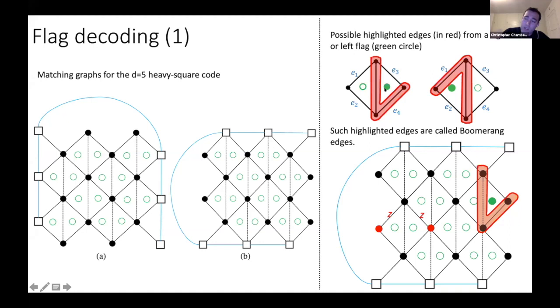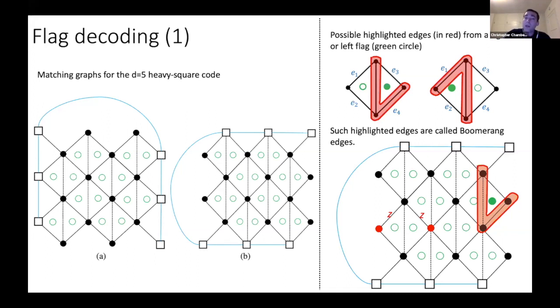So the idea behind decoding with this flag information is to say, well, consider a disk that has all possible edges that could be afflicted by an error in the presence of a flag. In this case, these disks have the shape of a boomerang, so I call them boomerang edges, because there are 2 possibilities: either, like I said before, a single data qubit error or this weight 2 data qubit error, which I represent by the cross edge.